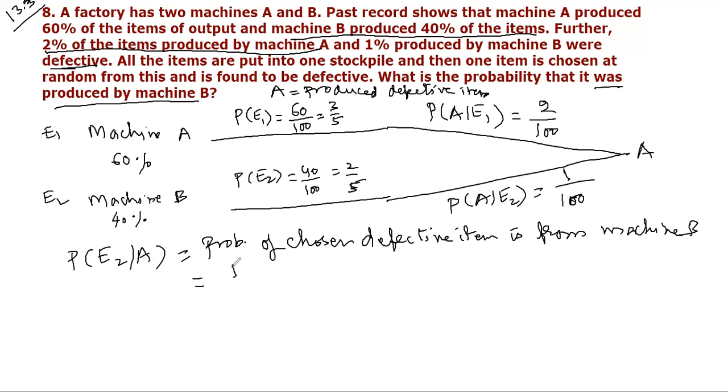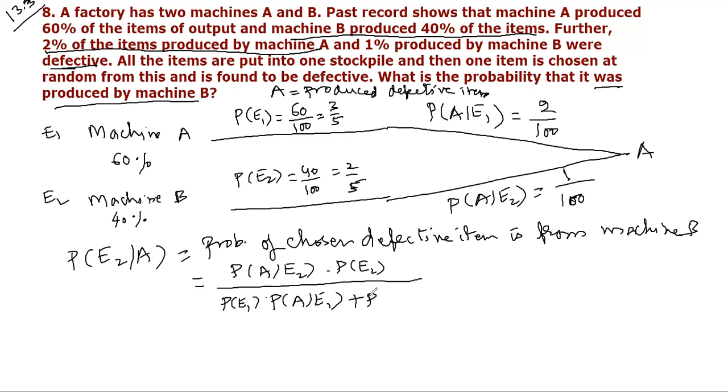So that will be equal to probability of A given E2 into probability of E2, divided by probability of E1 into probability of A given E1 plus probability of E2 into probability of A given E2.